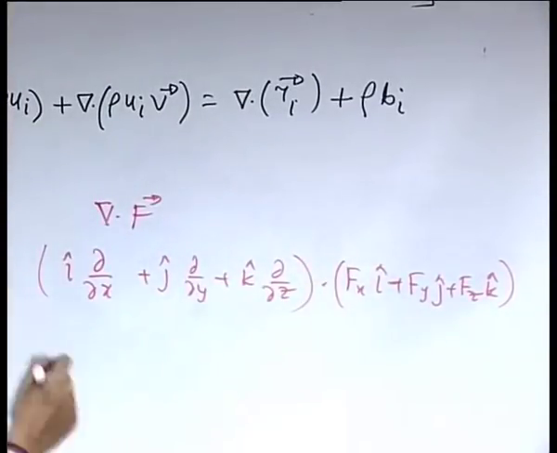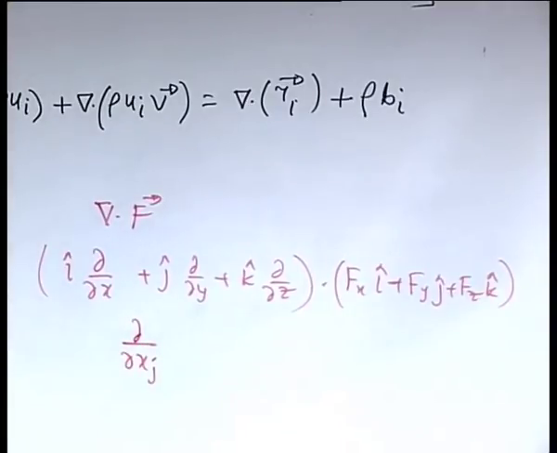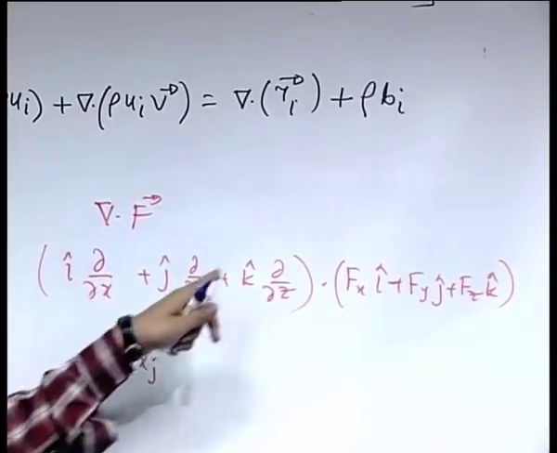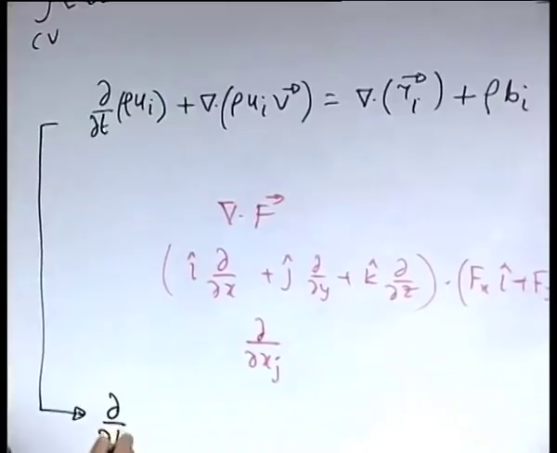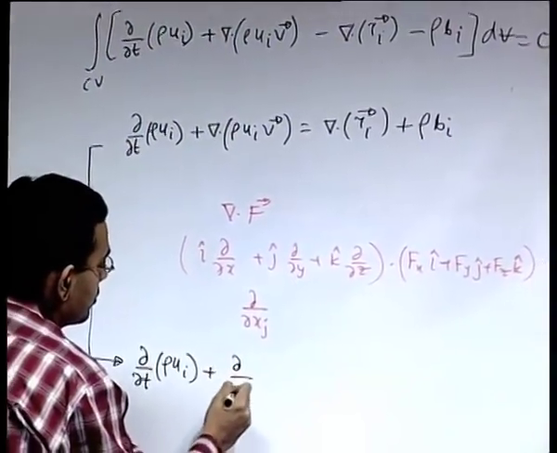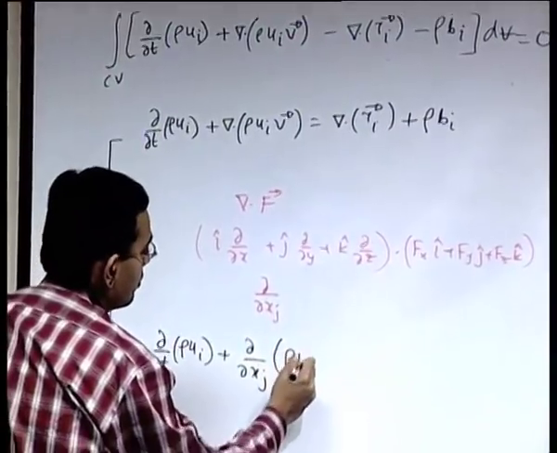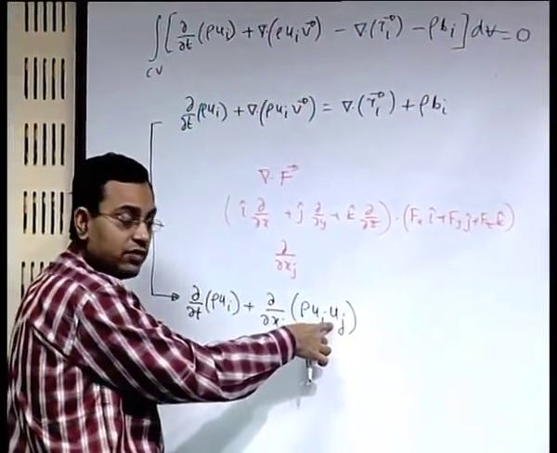So, that means you can write it in general as the partial derivative with respect to xj, where j varies from 1 to 3, because there are 3 partial derivatives that you are essentially doing with the components. Keeping that in mind, you can simplify this in this way, where uj is the jth component of the velocity.